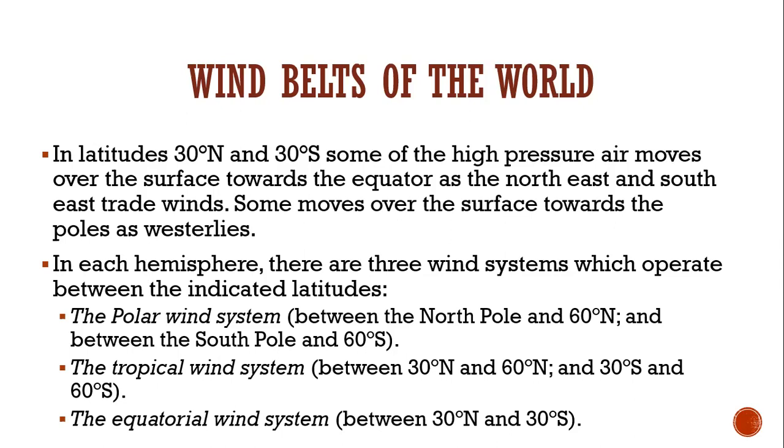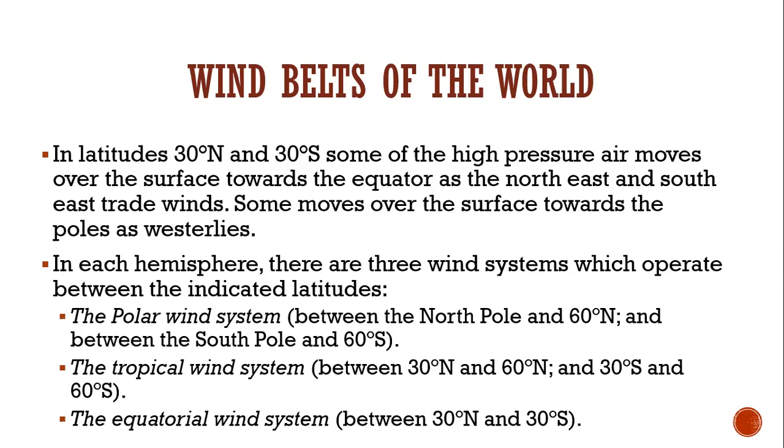Now, in each hemisphere, we have to know that there are three wind systems which operate between the indicated latitudes. These include as follows. The first one is the polar wind system, between the North Pole and the South Pole and 60 degrees north and 60 degrees south. The tropical wind system is between 30 degrees north and 60 degrees north, and 30 degrees south and 60 degrees south.